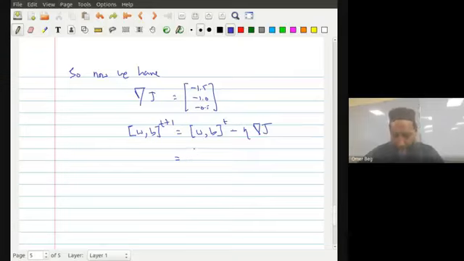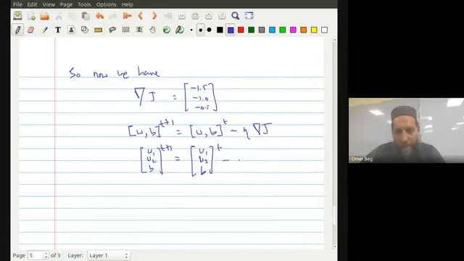Let me just formalize this. This is going to be W1, W2, bias at time t plus 1. This is going to be W1, W2, bias at time t minus eta multiplied by minus 1.5, minus 1.0, and minus 0.5. See? So this would be 0, 0, 0, right?